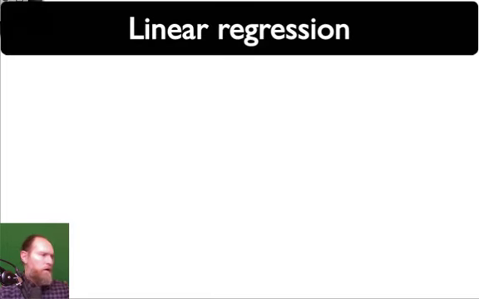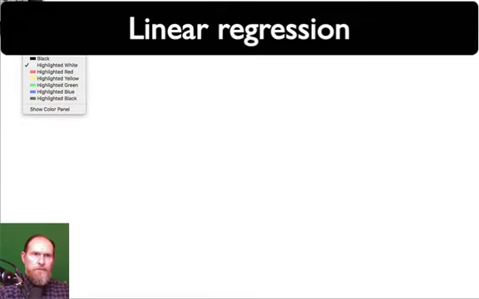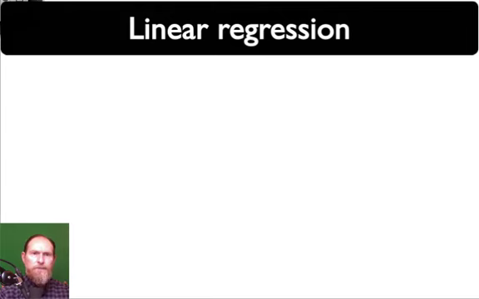Okay, in this video, we're going to do a linear regression. The only difference here between what we did with the least squares method is that now we have a non-time variable for our independent variable.